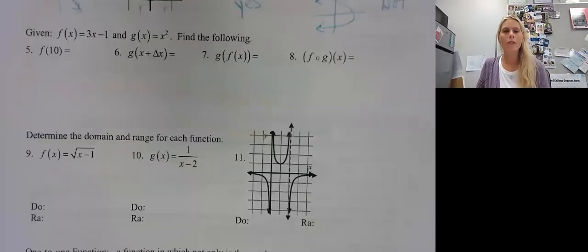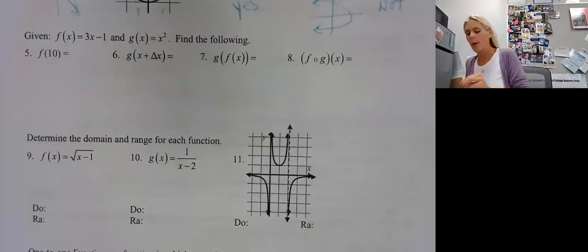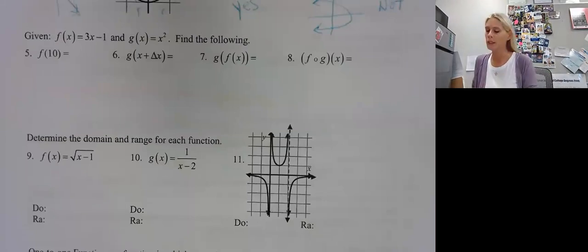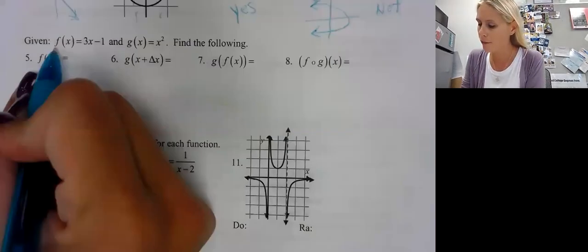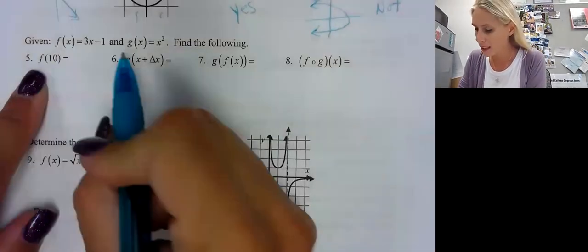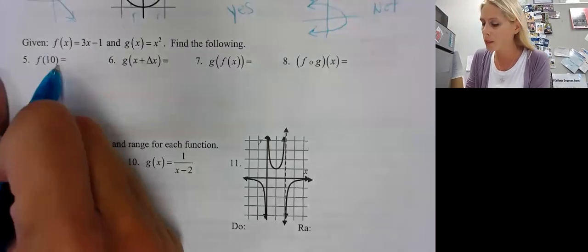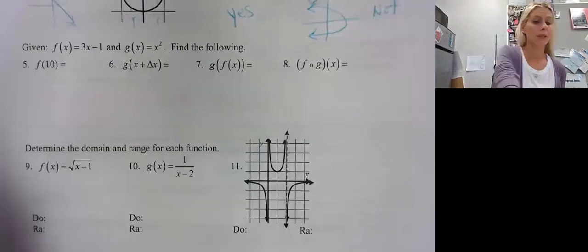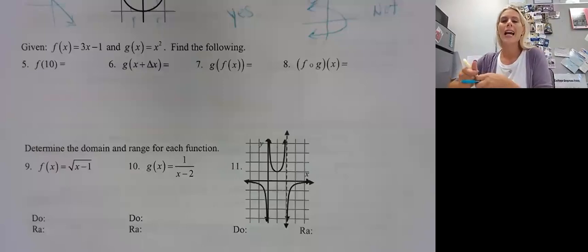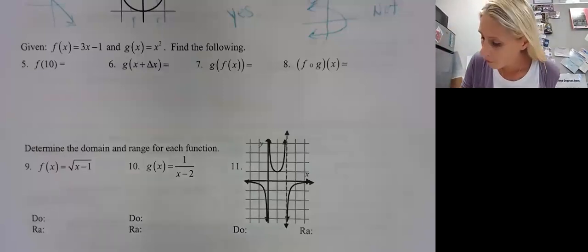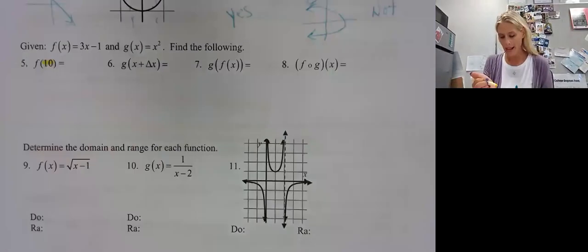All right, number 5, we've seen this a lot, but for 5 through 7, we're evaluating. Evaluating is to substitute stuff in. So right here, if we have our f of x and our g of x, I know I'm looking at the function f. So instead of x in that function, I'm going to put 10.